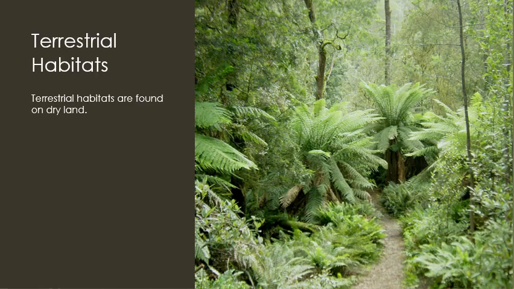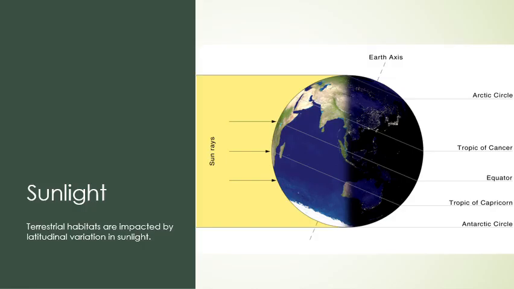Terrestrial biomes, quite simply, are anything on dry land. Here we can see a tropical rainforest, but at the bottom, land. You're not underwater there. Terrestrial environments are highly impacted by sunlight. This is going to be a major determining factor in a terrestrial biome. Now, sunlight on the Earth is going to be different depending on where you are on the planet.